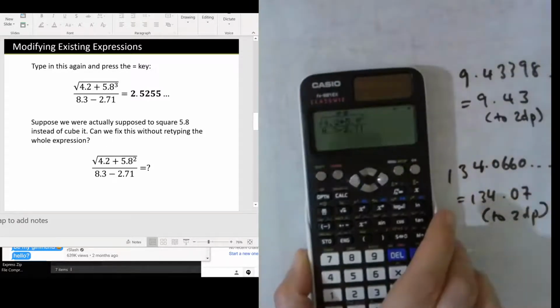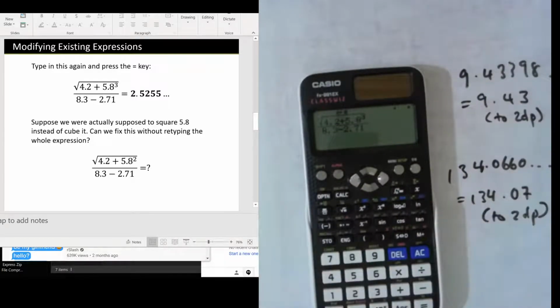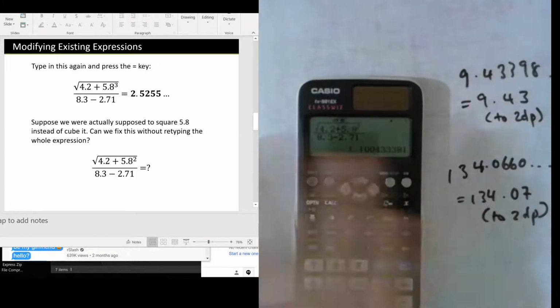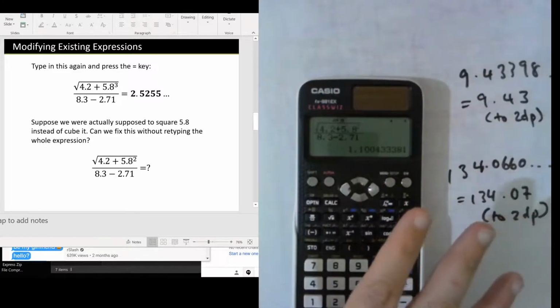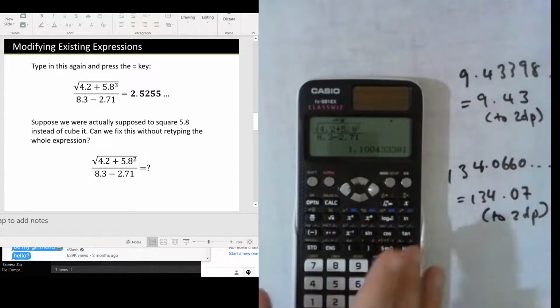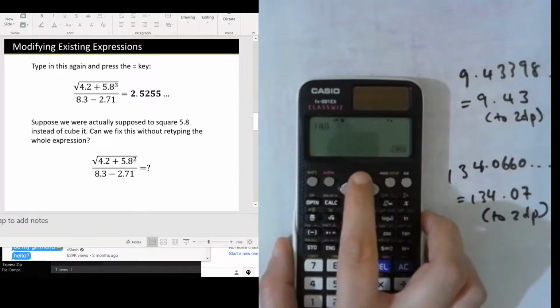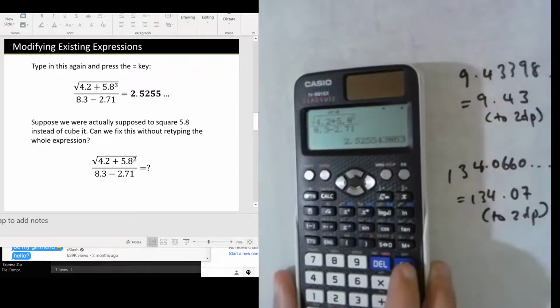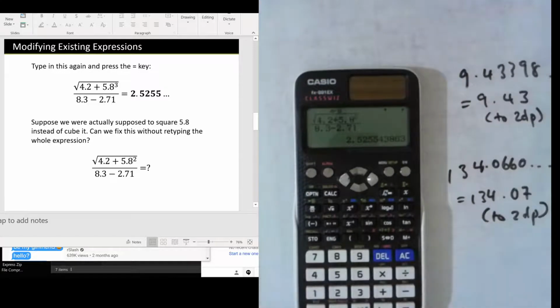You will notice I've changed the power of 3 into the power of 2, and then I can press equals, and it just gives me a brand new answer. Using that is quite good because it allows you to go in between different calculations that you may have done. Obviously, if you keep clearing it, you will clear it completely, especially if you turn the calculator off. It will clear the memory, so it only has the memories within that particular session. Okay.